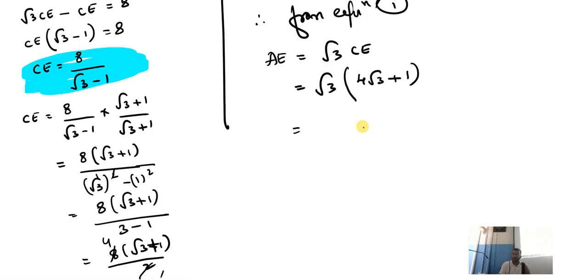Now multiply. Root 3 into 4 root 3, that is 4 root 3 whole square, plus root 3 into 1, root 3. The square root gets cancelled. 4 threes are 12 plus root 3.